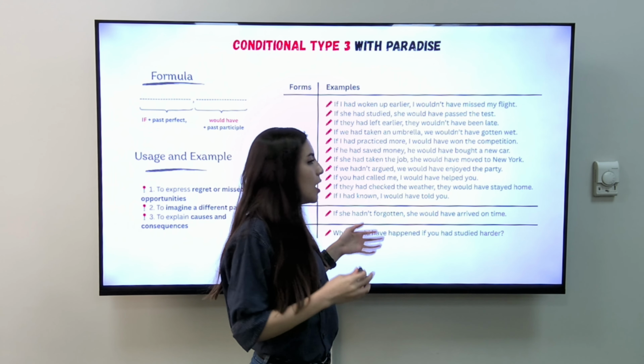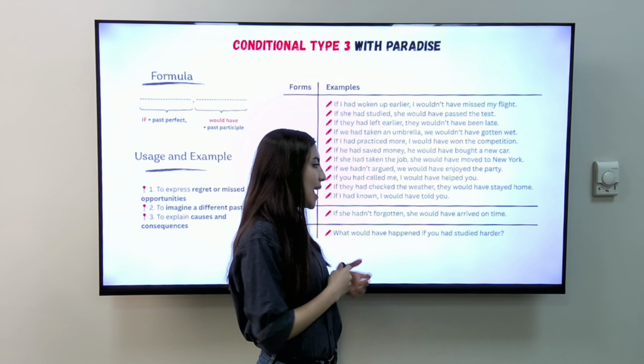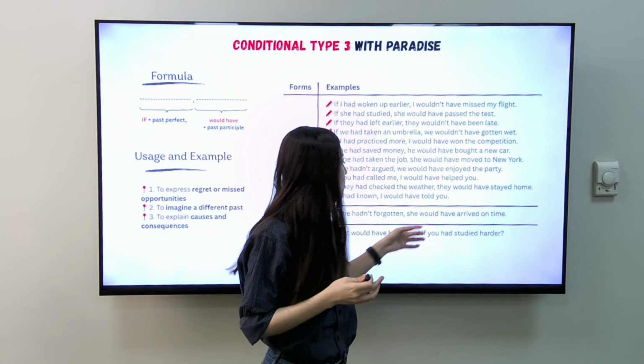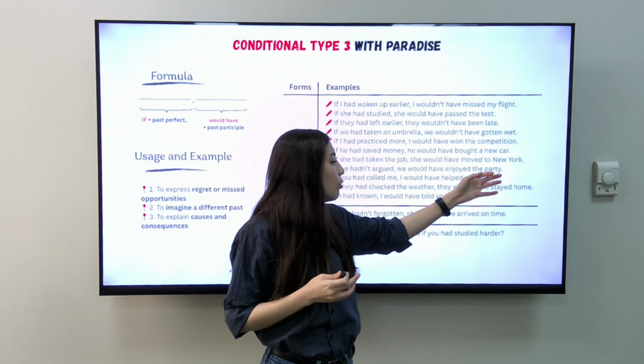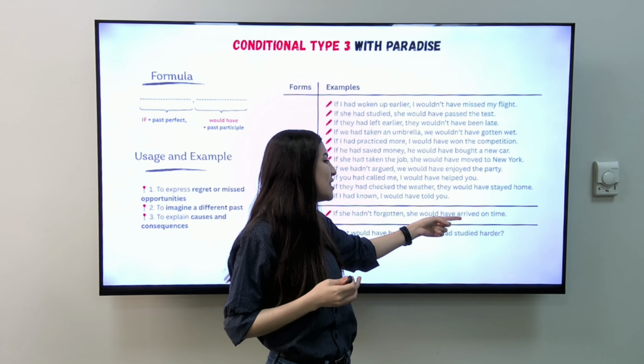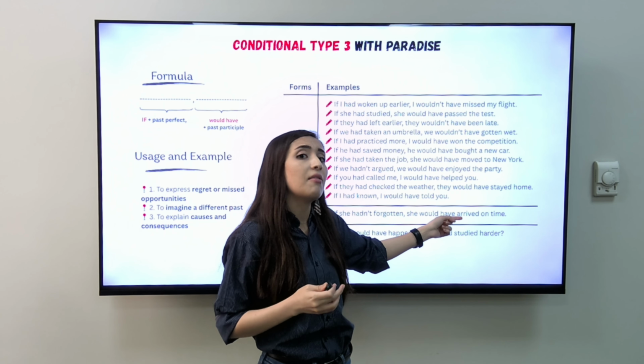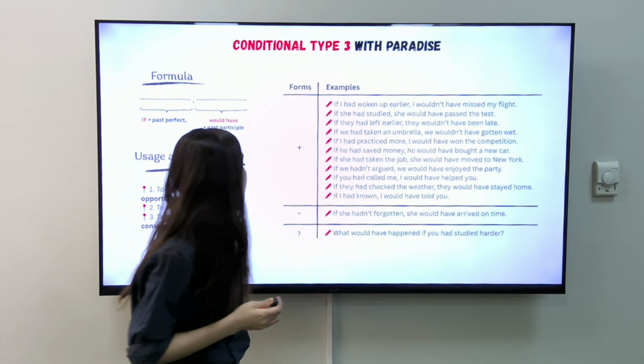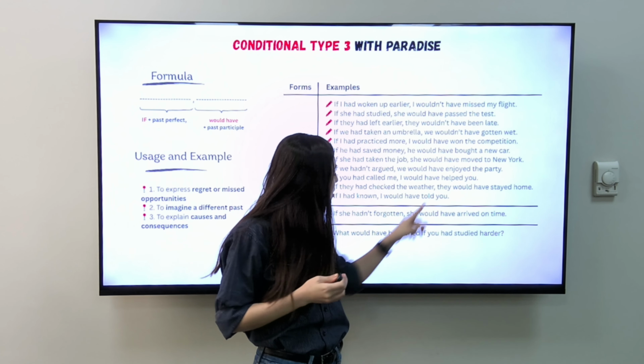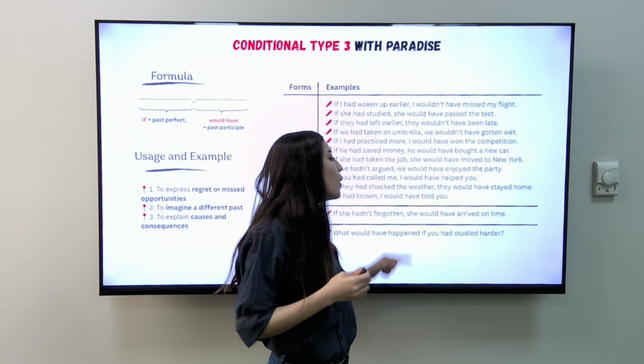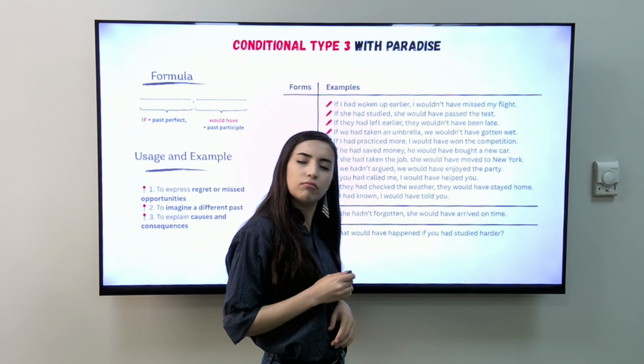We add not to this, and we're good to go. She would have arrived on time. You see, this is past participle. This is not the base form. This is past participle.